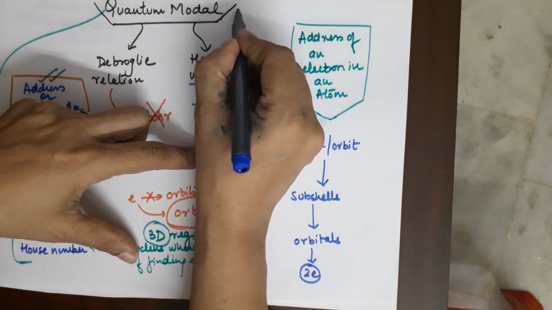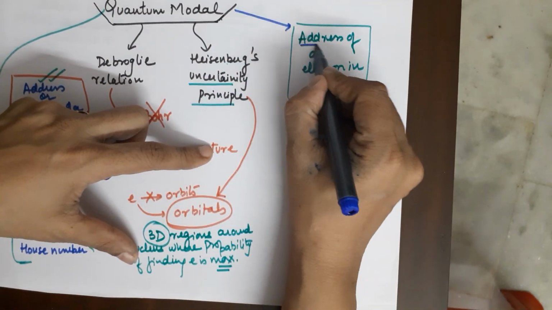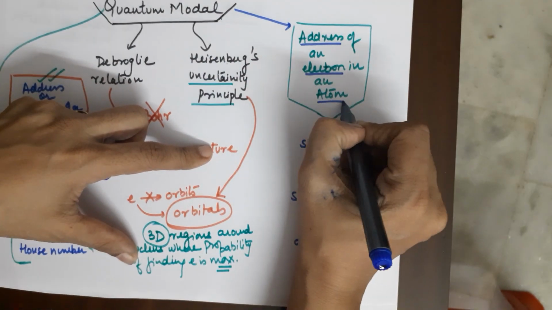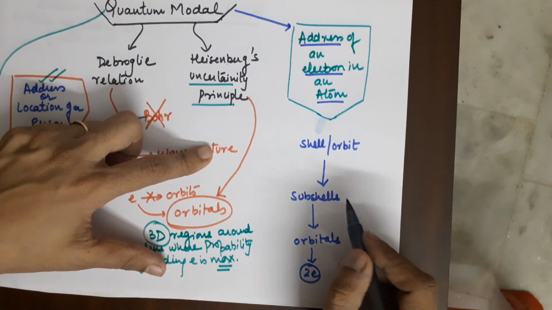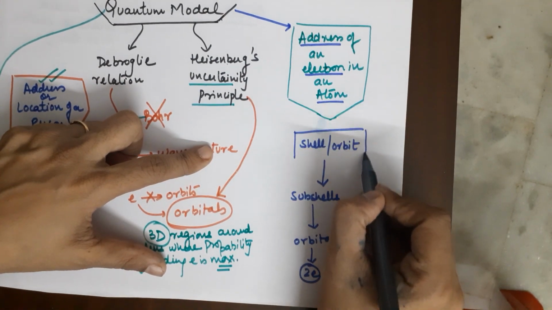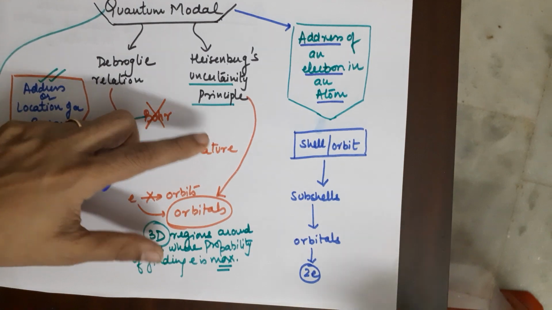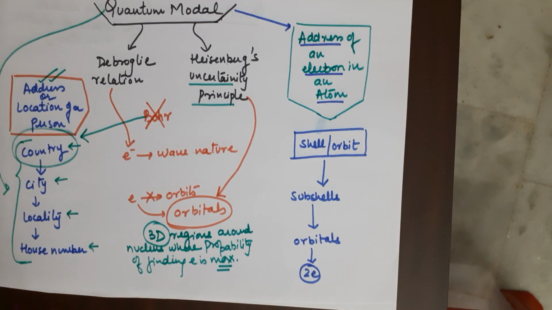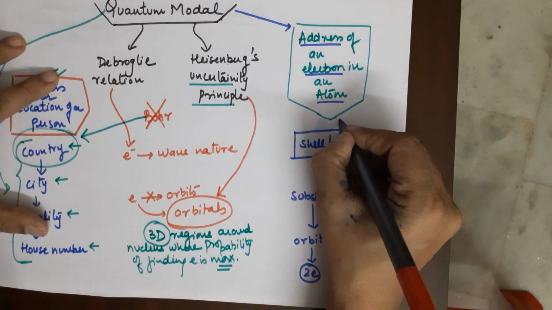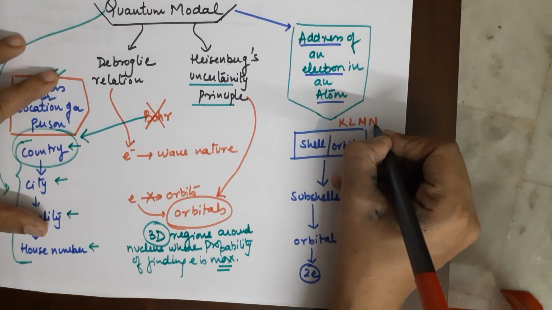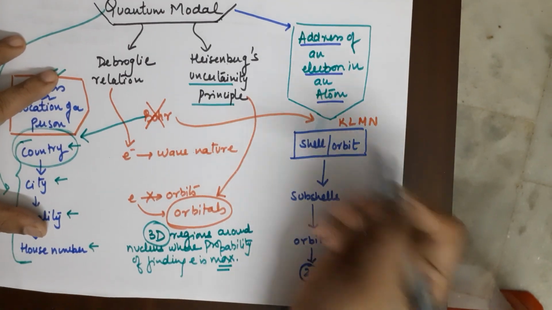This quantum model helps you to find out the address of an electron in an atom. According to the quantum model, the first thing that you need to find out is the shell or the orbit to which the electron belongs. Now, if you remember, the shell or the orbit are the same, the K, L, M, N as given by Bohr.